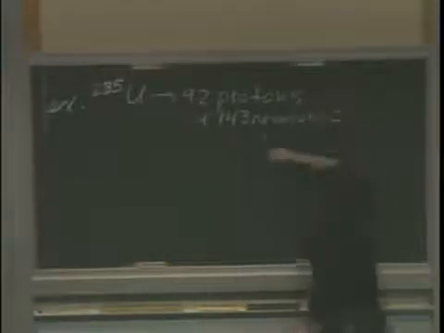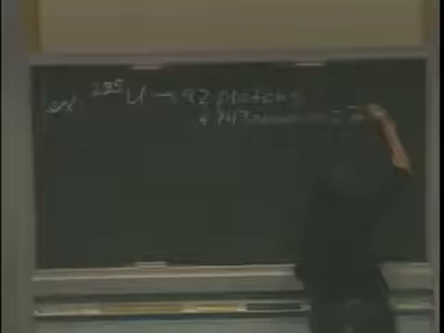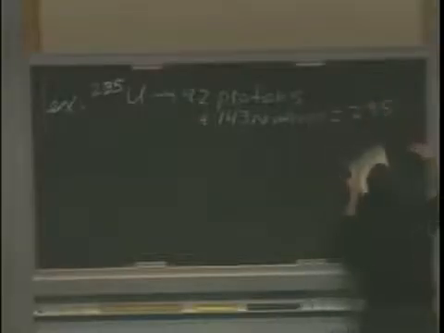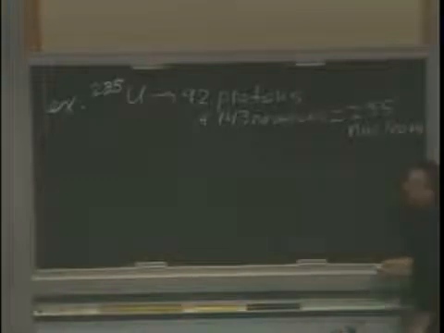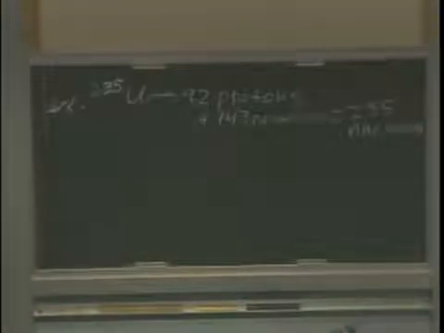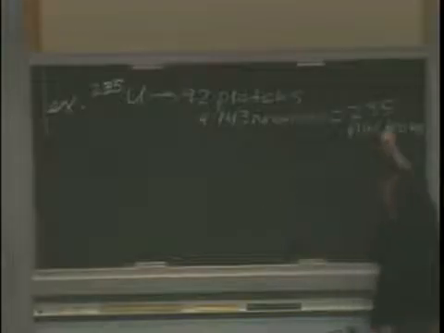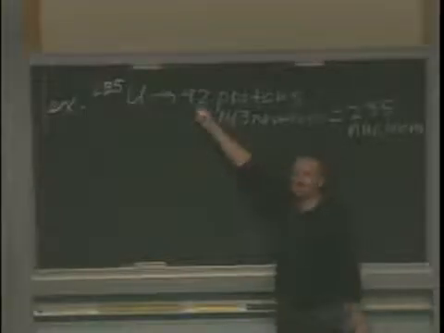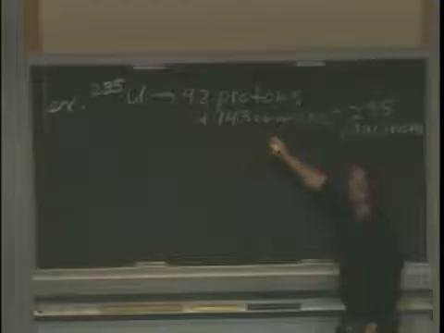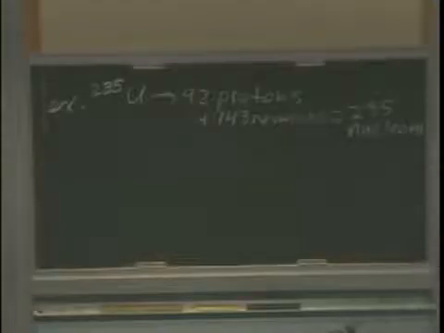If we sum those two numbers up, we get 235 what we call nucleons. Nucleons just means a neutron or a proton, anything that's in the nucleus. Uranium-235 has 235 nucleons, so 235 neutrons and protons. And because it's uranium, it always has 92 protons, which means there are 143 neutrons in uranium-235.